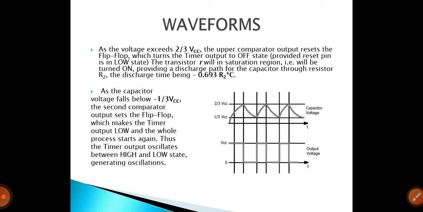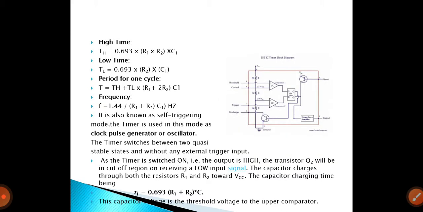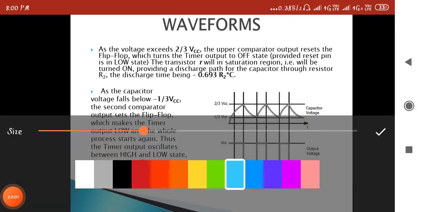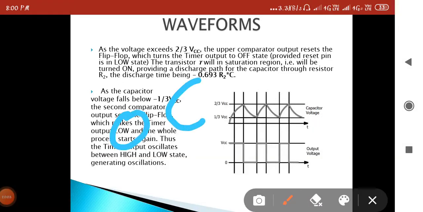It is a continuous process. And one more thing, why are we using 0.693?